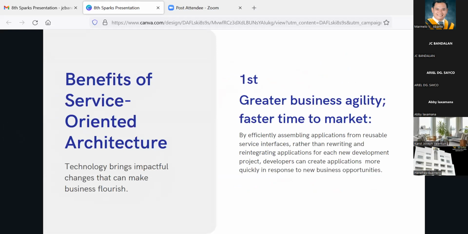So what are the benefits of having a service-oriented architecture? First, of course, it's a greater business agility, faster time to market, by efficiently assembling an application from reusable service interfaces rather than rewriting or integrating applications. For each new development project, developers can create applications more quickly in response to business opportunities. Ito, ginagawa namin dito, usually, meron na kaming bone structure ng isang software.